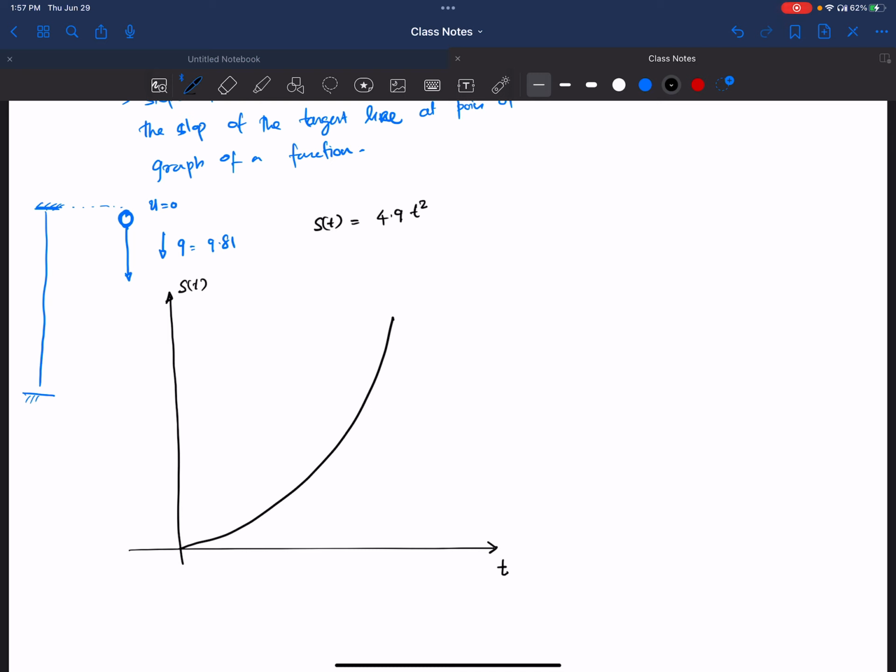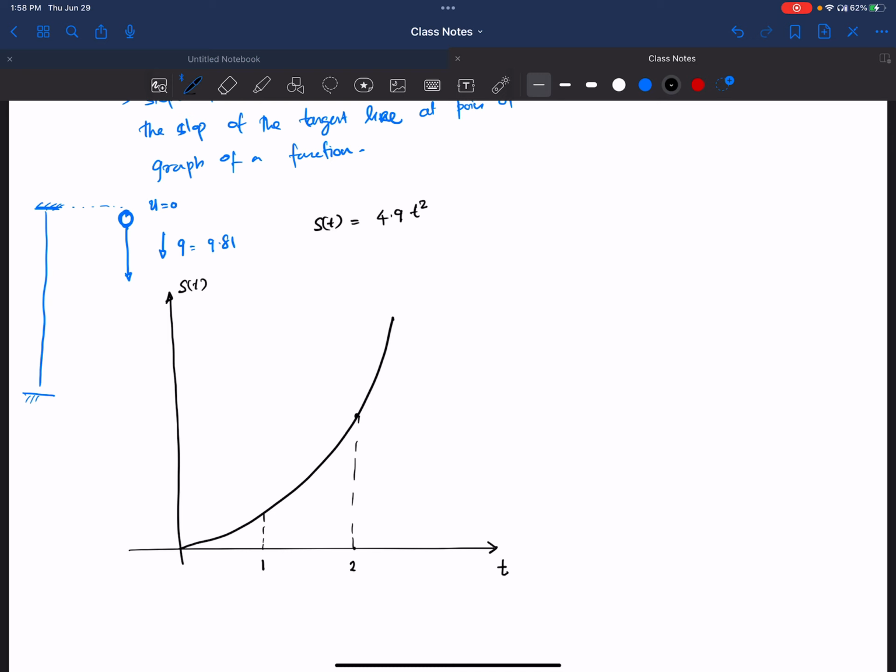Now we are interested in finding the average velocity in between two different points. The points that I'm going to arbitrarily select are t equals 1 and t equals 2. Okay, these are the 2 points.